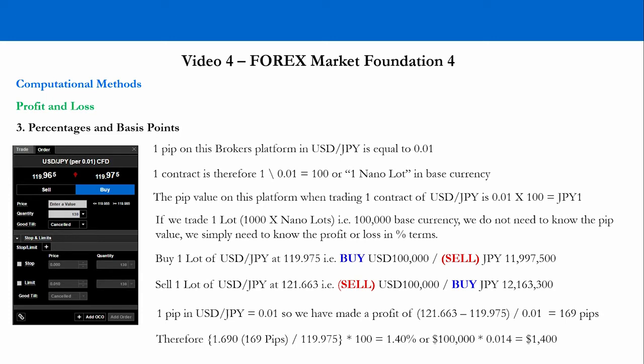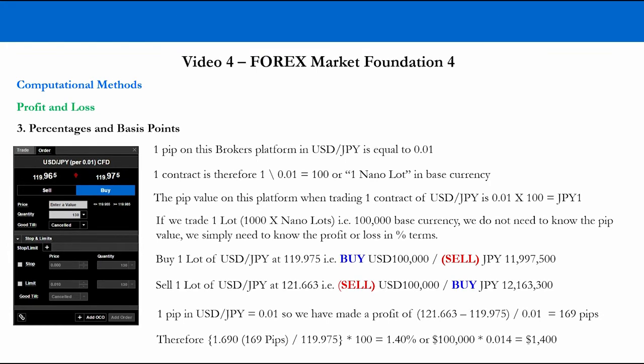So get into the habit of working everything out in percentages and basis points for that reason, but also you're going to see as we move on to volatility that everything is about percentages, because we need a level playing field. We need to understand what these opportunities are and what the risk is when compared to other opportunities and other risk across the Forex remit. So when we're comparing currency pairs against each other.